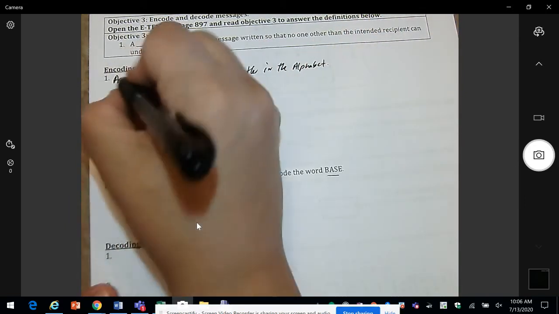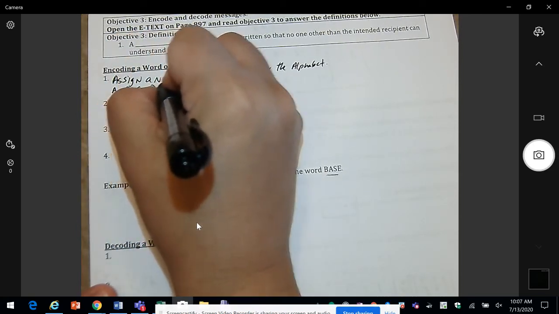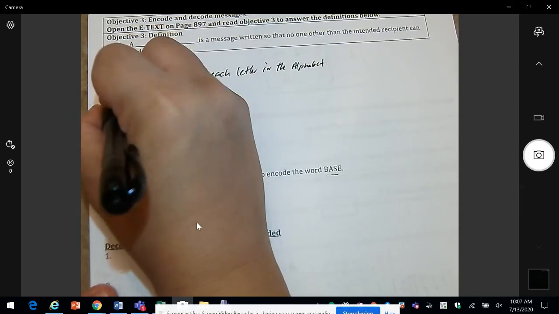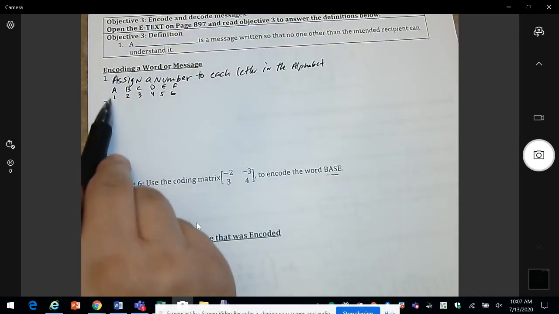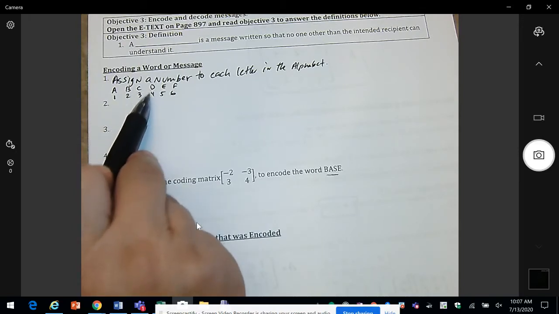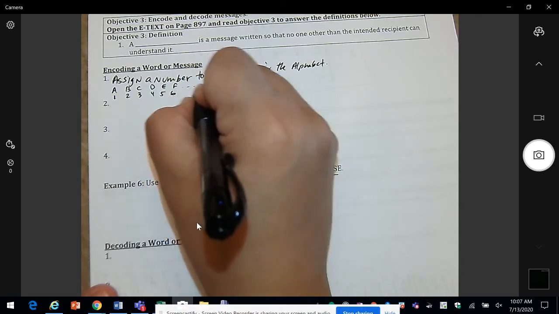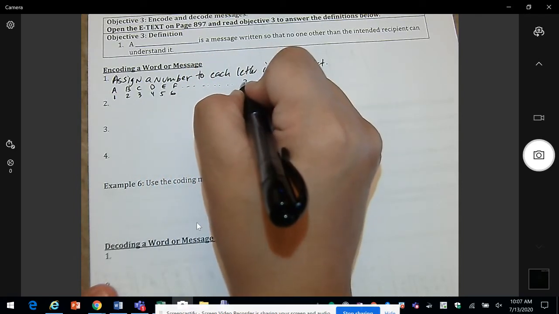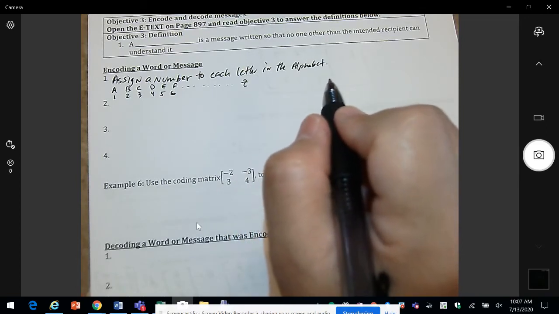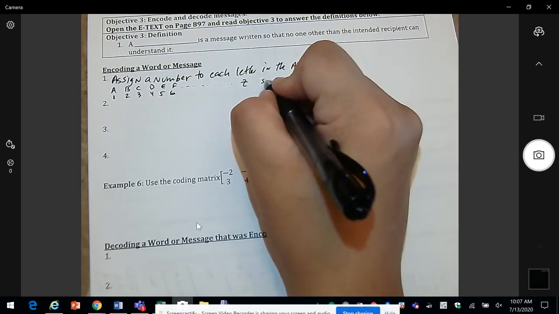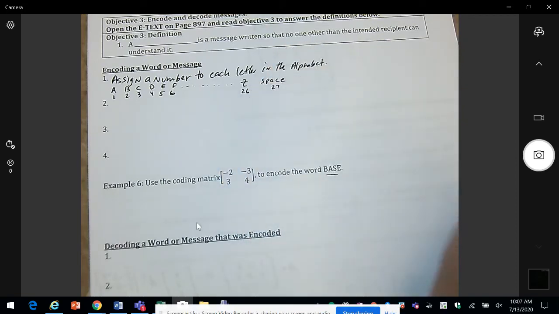Okay, so for example, if we have A, B, C, D, E, F, and so on, A would be 1, 2, 3, 4, 5, 6. So A is 1, B is 2, C is 3, D is 4, E is 5, F is 6. And we can go all the way to Z. And then we have a space. So for space, we use 27.